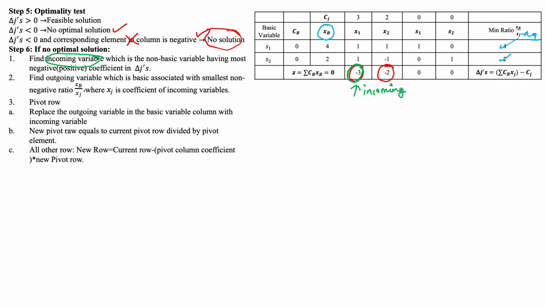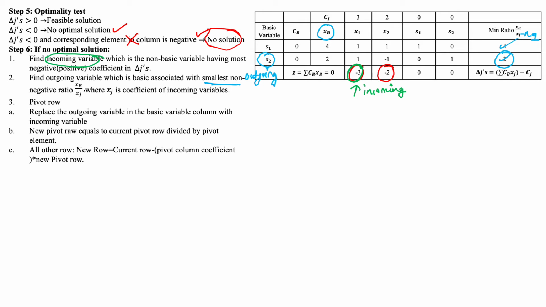Now the next step is to find which of these two basic variables will be the outgoing variable. The smallest non-negative, both are non-negative, and out of them 2 is the smallest, so s2 will be my outgoing variable.